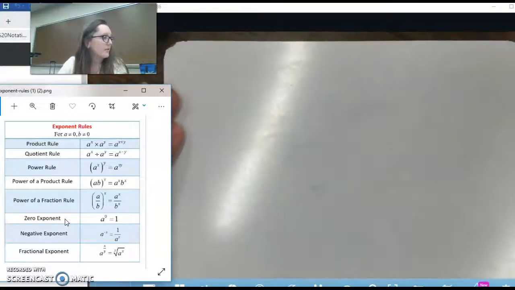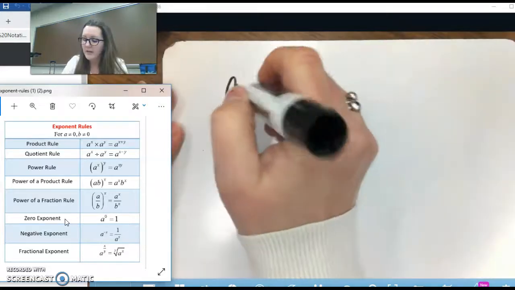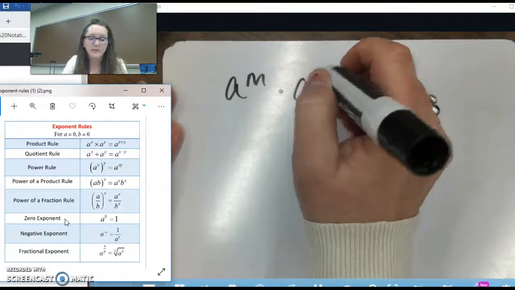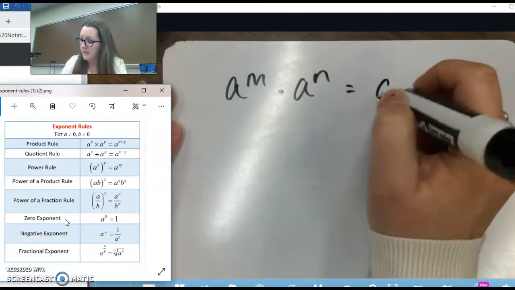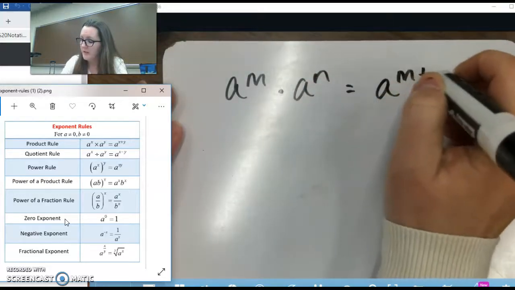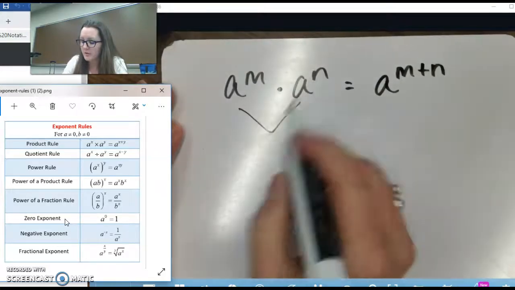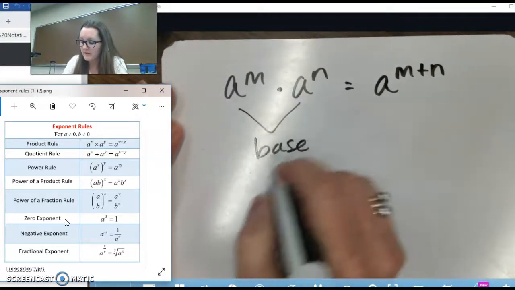Alright, let's start with our first couple of examples. This will go with our product rule: a to the m times a to the n is equal to a to the m plus n. I want you to notice a couple of things here. What didn't change? Your base does not change.